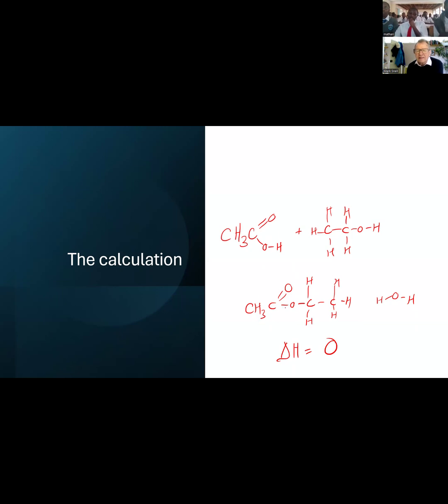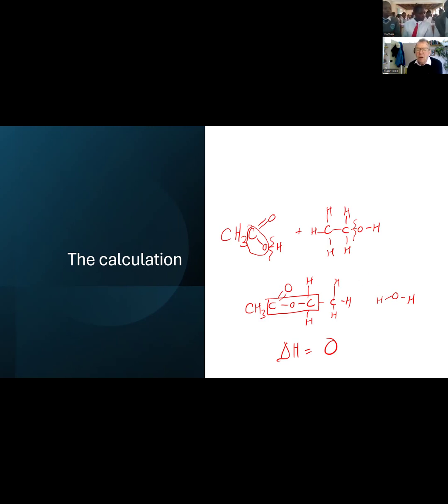Well, if you look at this, the bit which has changed is this here. That was this bit here. So we had to break off that, and we also break off this, and we make this.